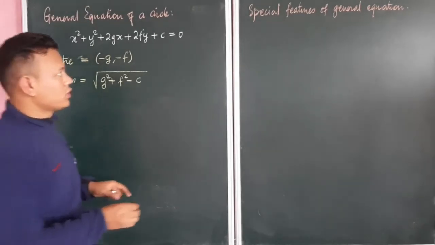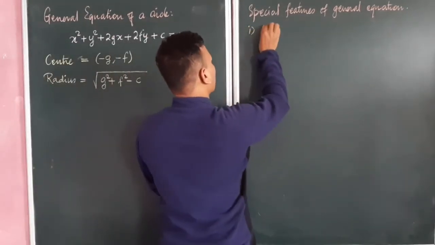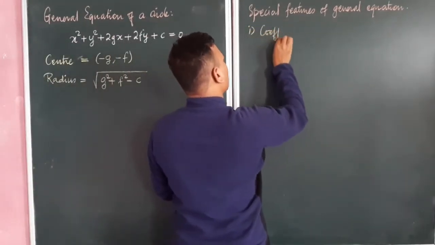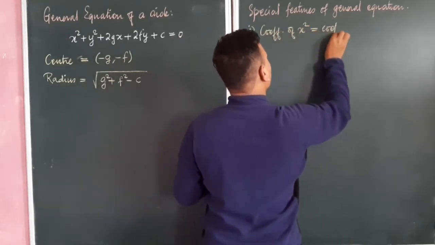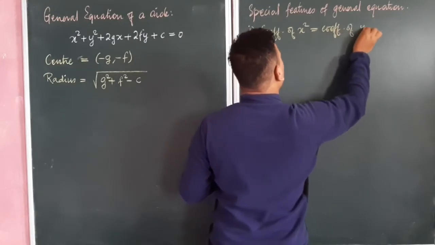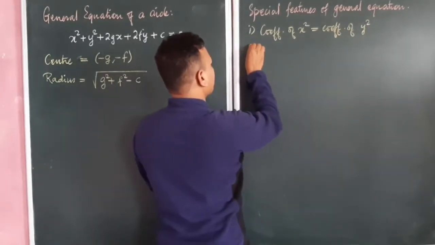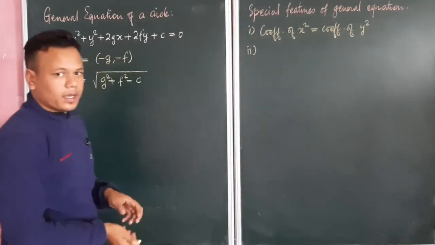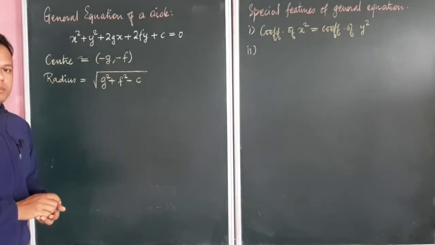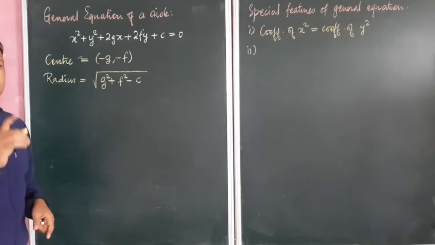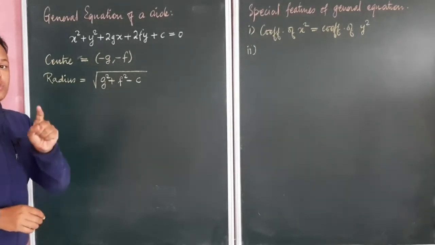So the first special feature is, number 1, coefficient of x square is equal to coefficient of y square. And what is the maximum power? Maximum power is 2. That means this equation is a quadratic equation in two variables.